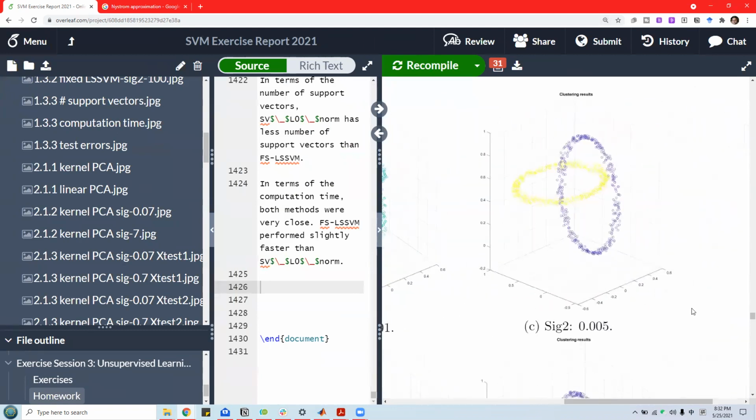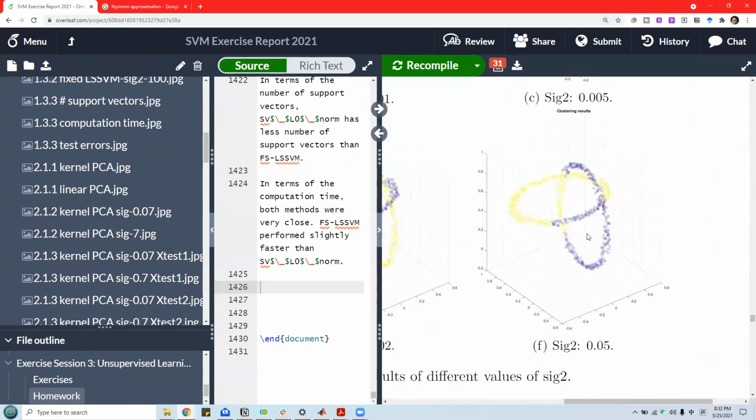So let me jump into the next. When you keep increasing, you see that the points from here are also being considered, even though they have this distance and are kind of far away, but they are still considered as one cluster.